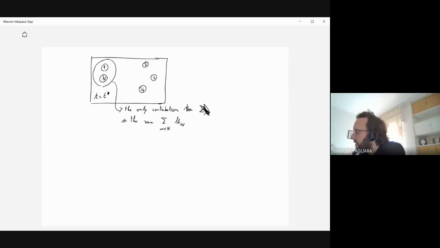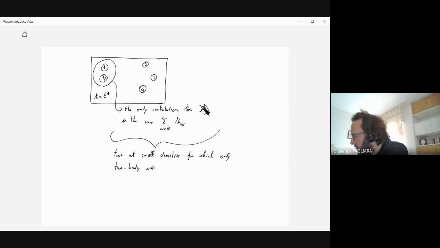Which is basically the fact that this is true at small densities, for which only two-body collisions or two-body interactions are important.